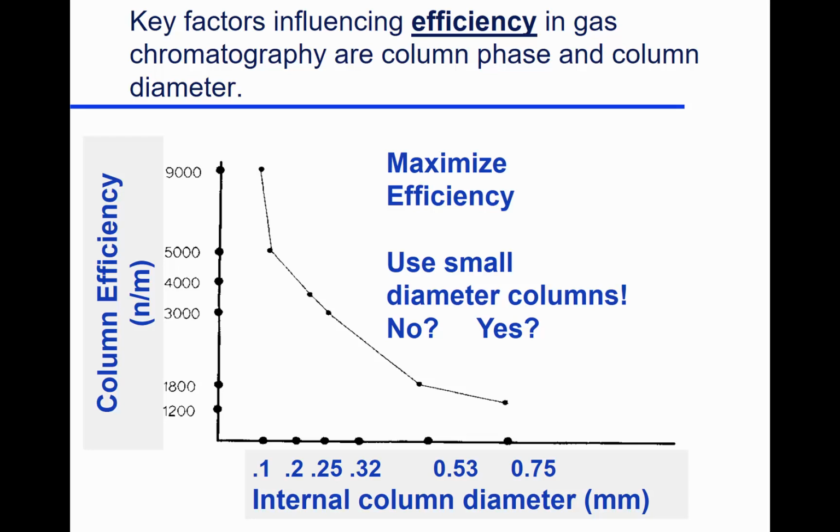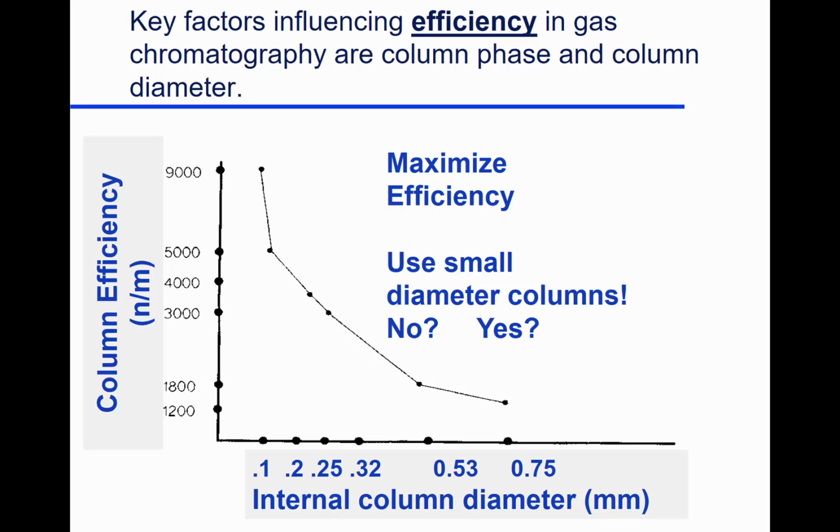If it's a big fat column, your airflow isn't very uniform, things get mixed up, things get to be pretty poor in terms of separation. But with a tiny, tiny column, we tend to get more uniform gas flow through that column. And so small columns, nice flow properties, high efficiency; large columns, very poor efficiency.